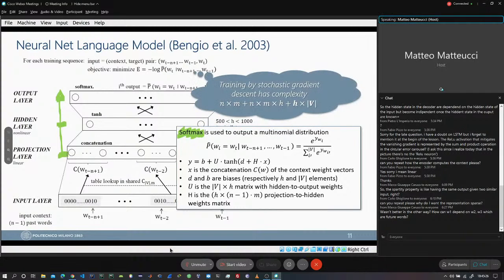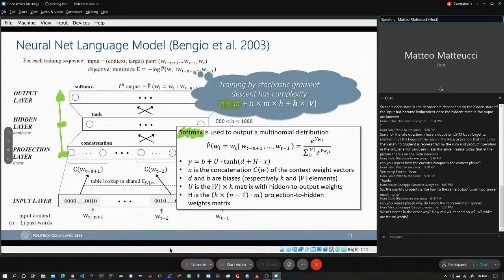What is the complexity? Well, you can compute the complexity by looking at how many weights. Basically, the number of weights is given by this: you have to compute n times m, where n is the number of words and m the encoding of the words, and this is the complexity of the projection matrix that I was discussing before.